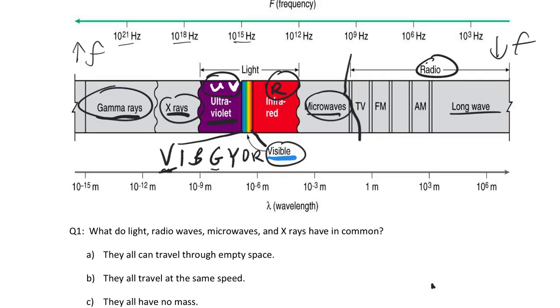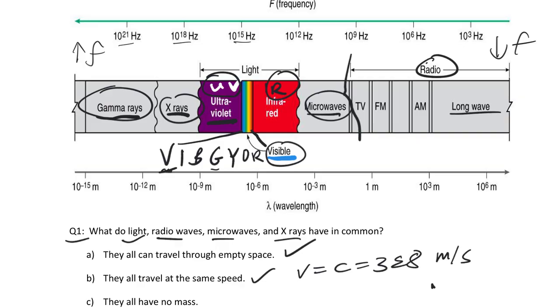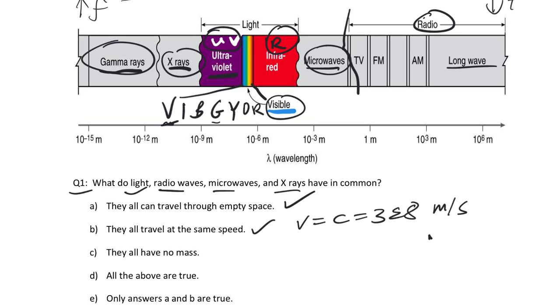Now, let's answer this. What do light, radio, microwaves, and X-rays all have in common? They all can travel through empty space. Yeah, they can go through a vacuum. That's what an electromagnetic wave is. They all travel at the same speed, yes, the speed of light, through a vacuum. They all have no mass. So, yeah, there is energy.